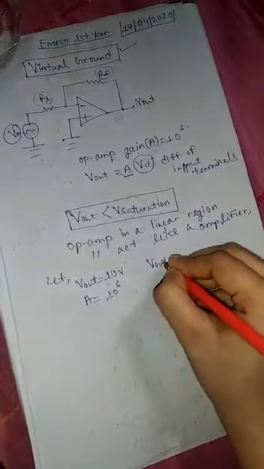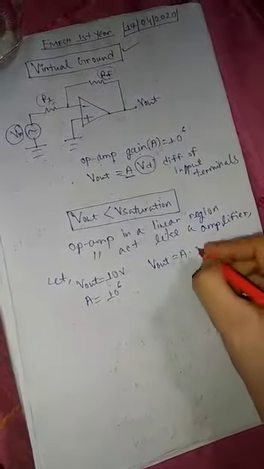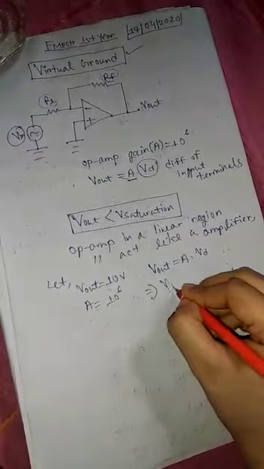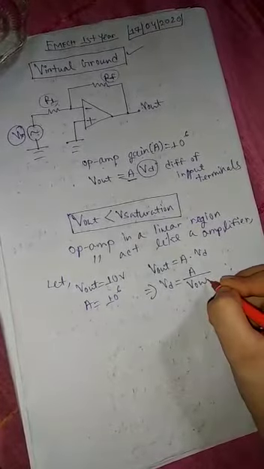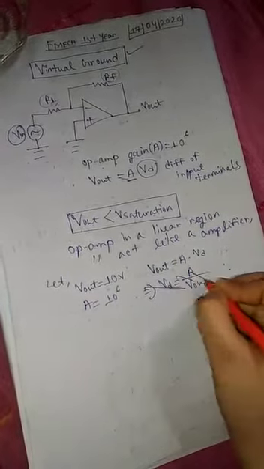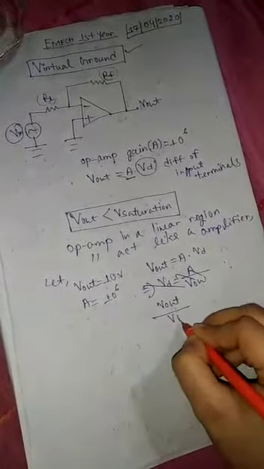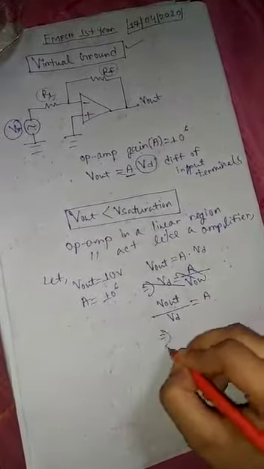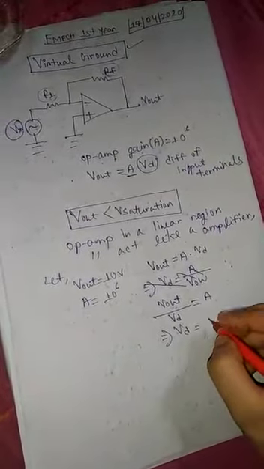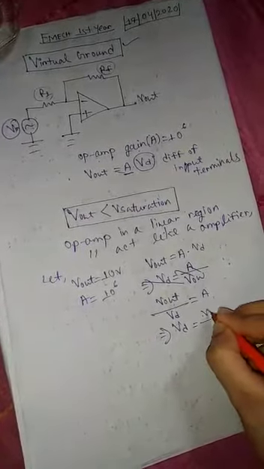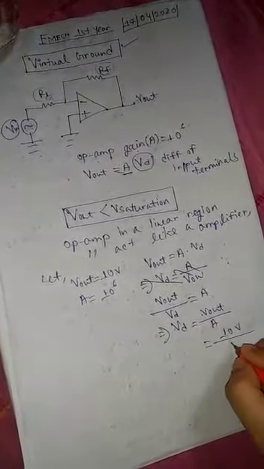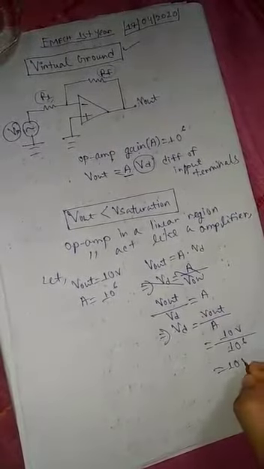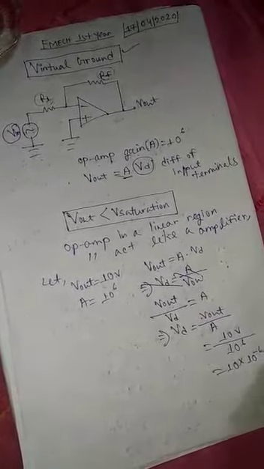We all know that V out is equal to A Vd, so Vd is equal to V out by A. That means 10 volt by 10 to the power 6, which is 10 into 10 to the power minus 6 volt, that is 10 microvolt.